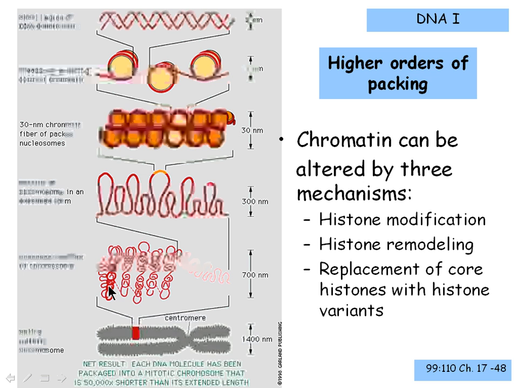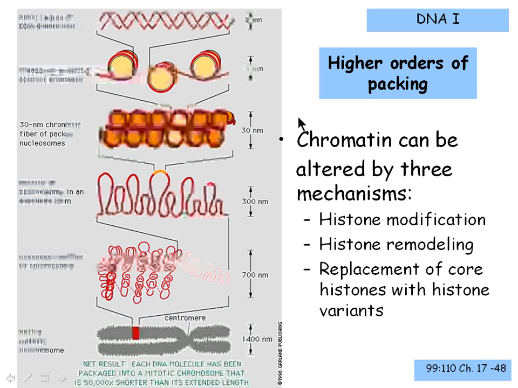And this big piece right here is just a little part of the entire chromosome. So overall, each DNA molecule has been packaged into a chromosome that is 50,000 times shorter than its normal length when it's linear. Now, I don't know about you guys, I think that's amazing.